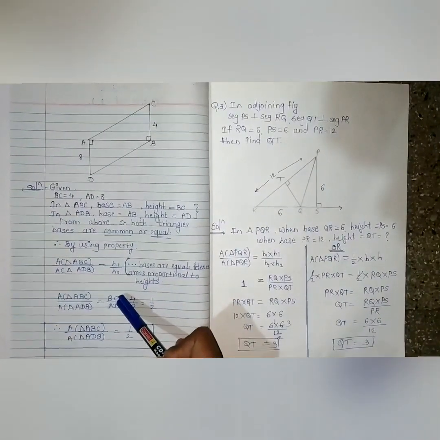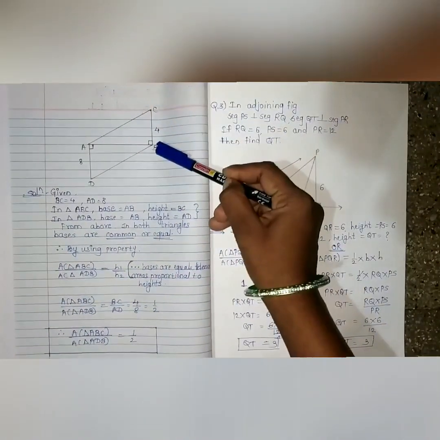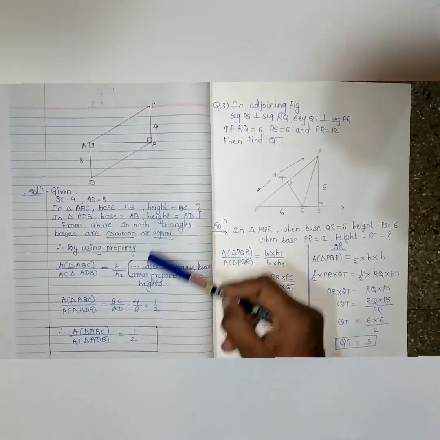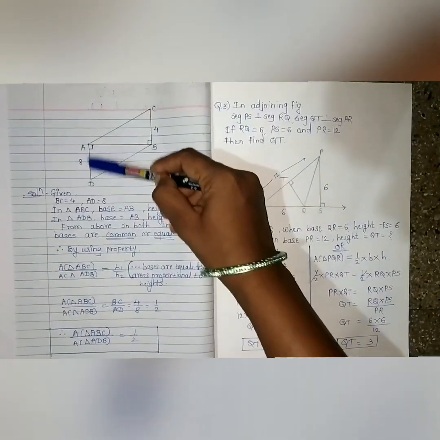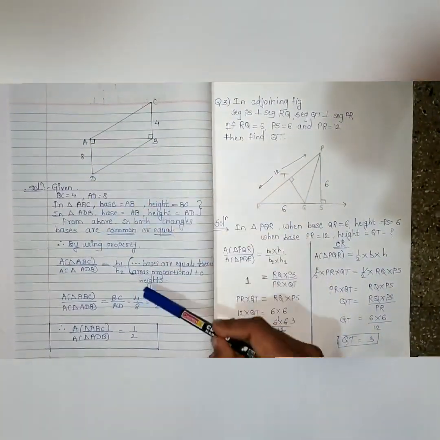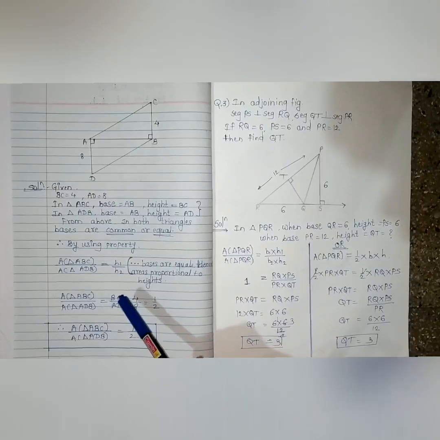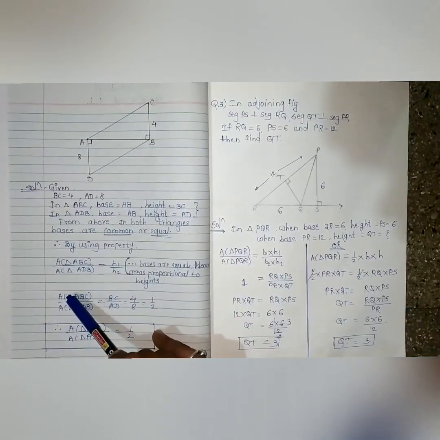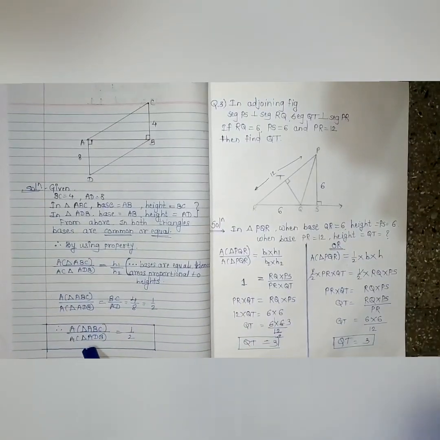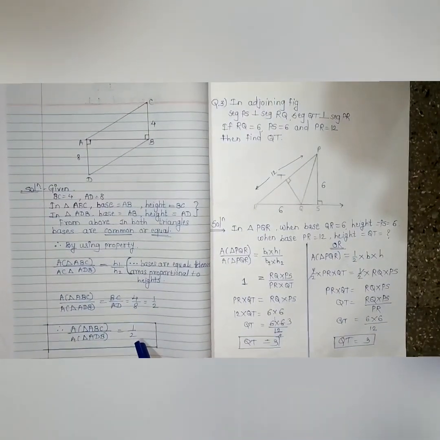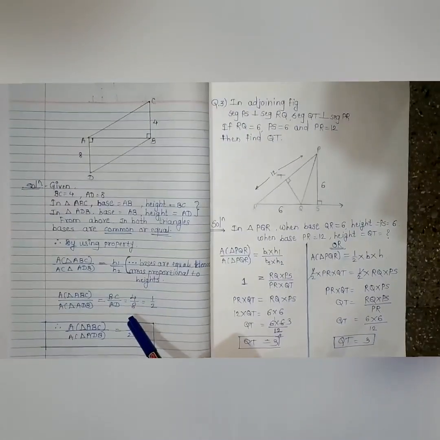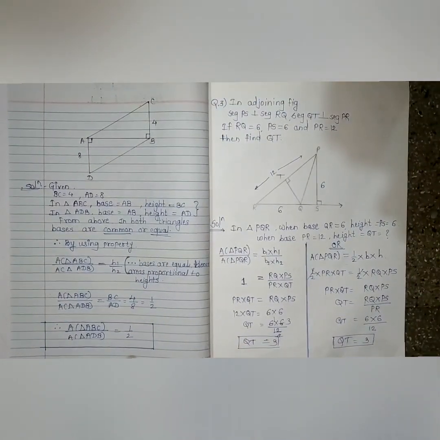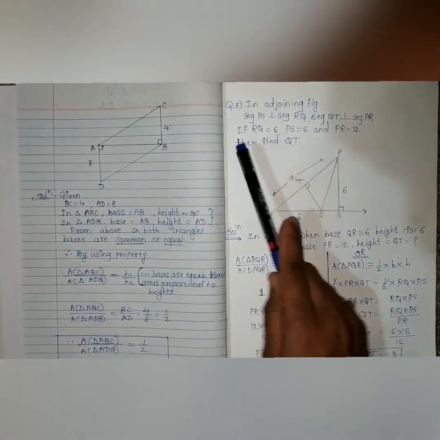What is H1? H1 is BC, and the value of BC is 4. And what is H2? Height H2 is AD, and the value of AD is 8. After solving, 4 1s are 4, 4 2s are 8. Therefore, area of triangle ABC upon area of triangle ADB is equal to 1 upon 2. So the ratio is 1 upon 2.